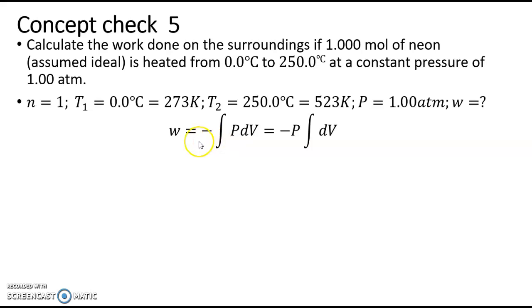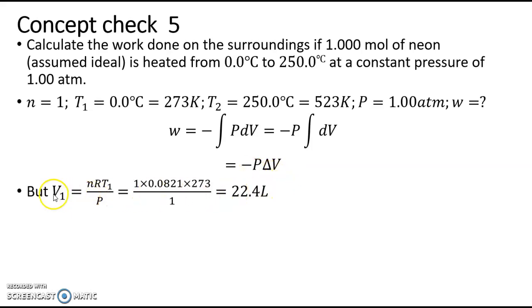It's a constant pressure process, so work is minus integral P dV, and P can come out of the integral, and we have it as minus P delta V. But initial volume was not given, we can calculate it from the ideal gas equation, PV equals nRT.